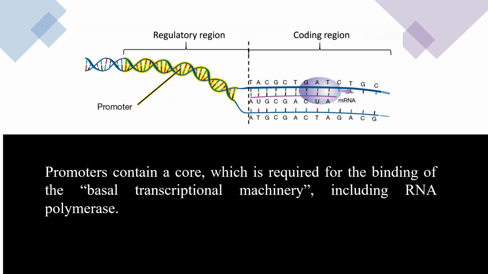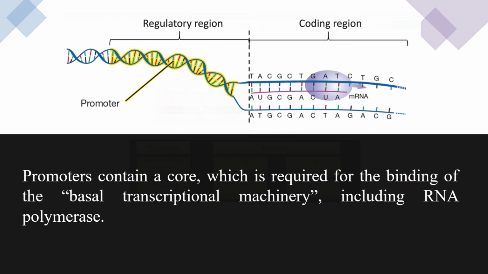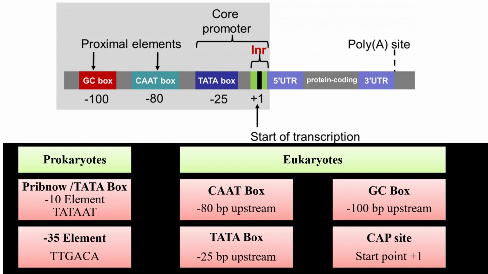So these are the promoter sequences. What are the sequences that are recognized by the RNA polymerase for transcription? These sequences are the TATA box. The TATA box is present at -10. These are the sequences. This is the promoter region. Most commonly we say that this is the upstream region, and this is the downstream region.